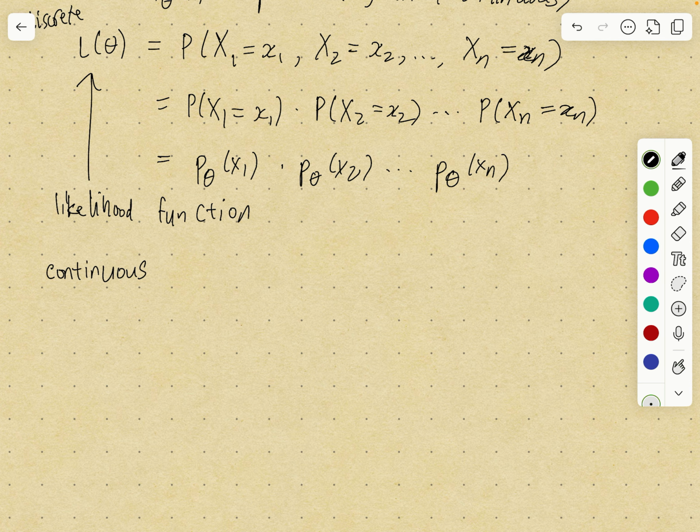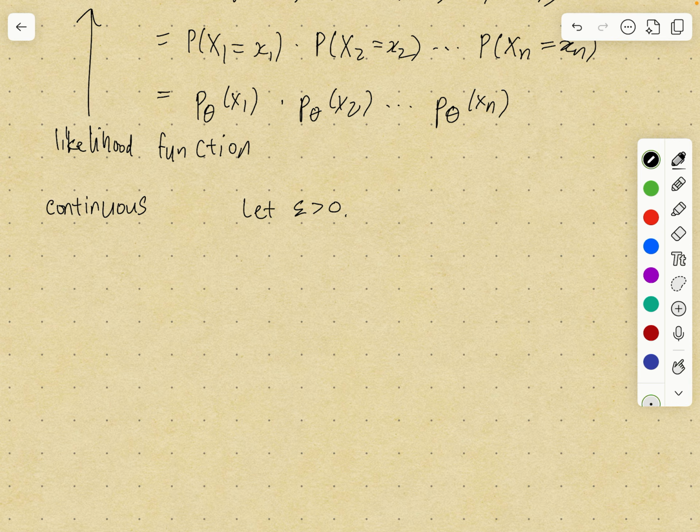But to define what the likelihood should be, let's give some idea of what it could be. So suppose that epsilon is some small number. Okay, so this is more about the intuition, right?